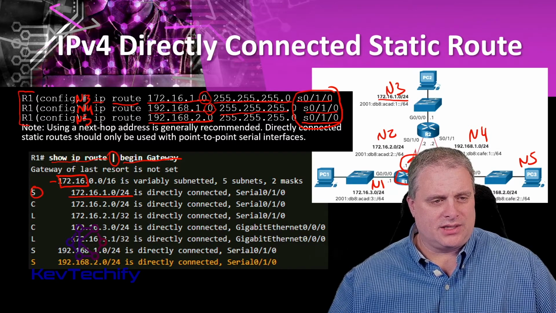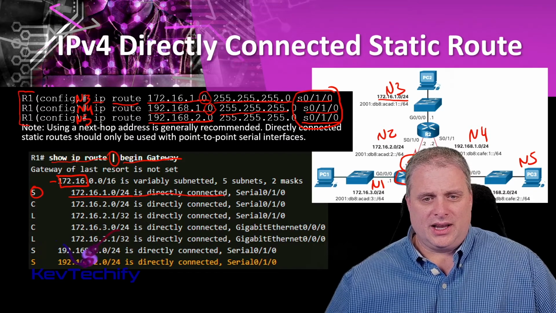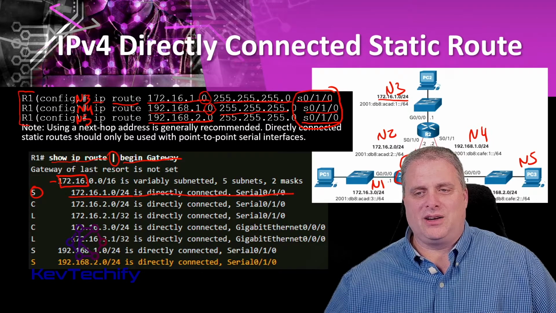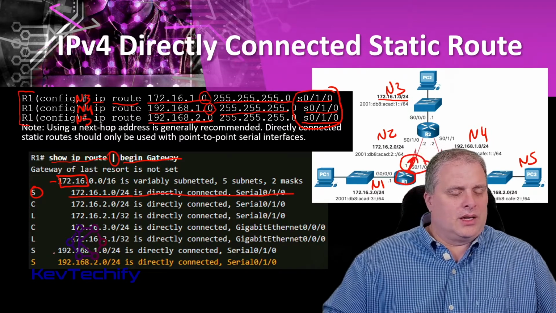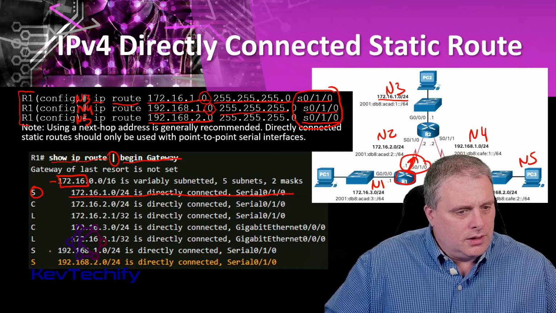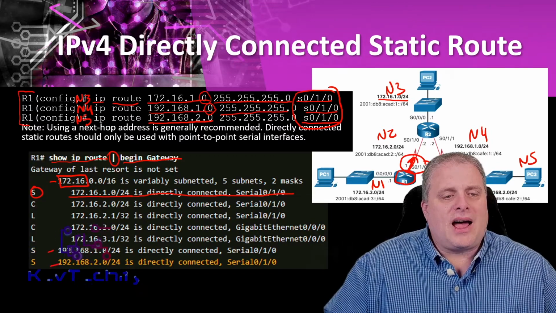Once again, S tells us that's a static route. Directly connected to serial 0/1/0, that's our exit interface. Last two lines here give us our other two networks, network 4 and network 5.